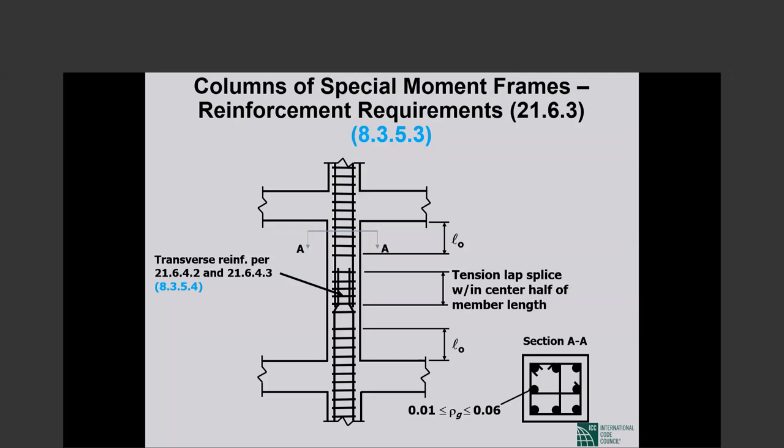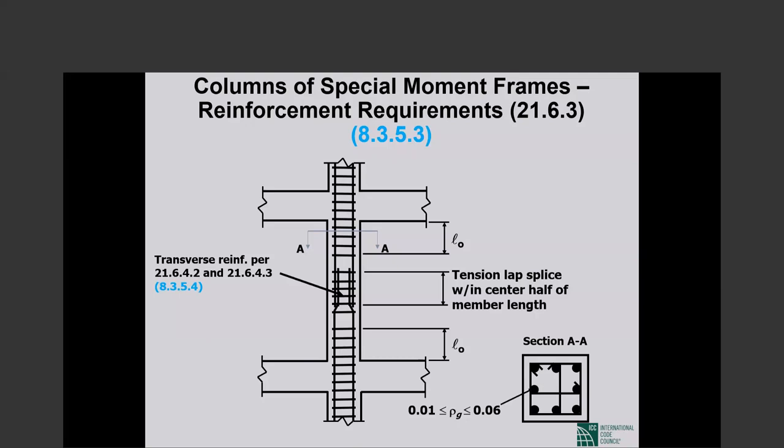The 1% minimum can be based on the column section required rather than column section provided, except that you cannot go below 0.5% of the column section provided. Now, going down to 0.5% is not allowed for columns that are part of special moment frames. 1% is the absolute minimum reinforcement ratio.